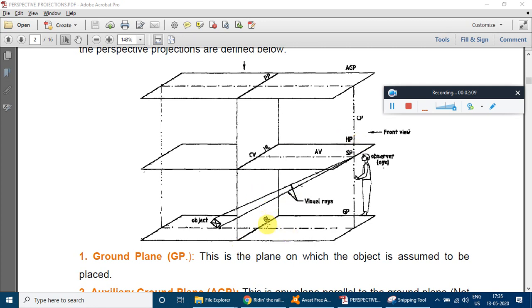Next, just parallel to the ground plane, you will have a horizon plane HP, and this line is called the horizon line, right? And above that you will have the auxiliary ground plane AGP, right?